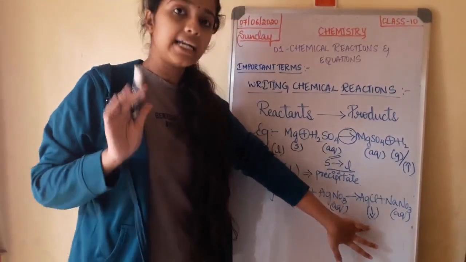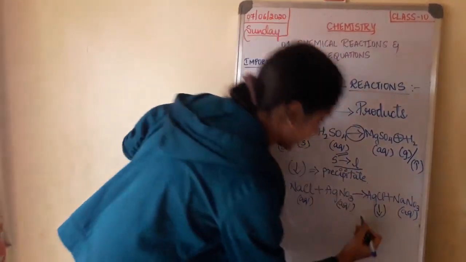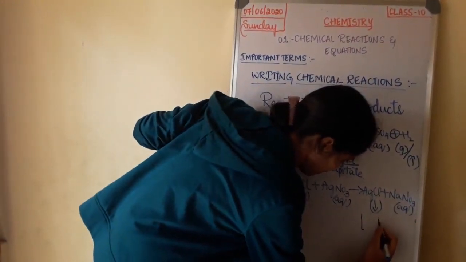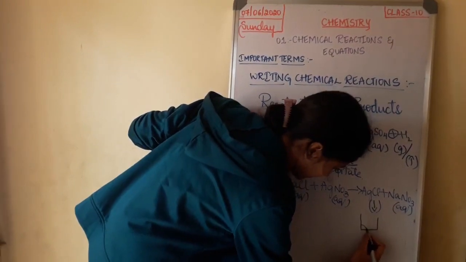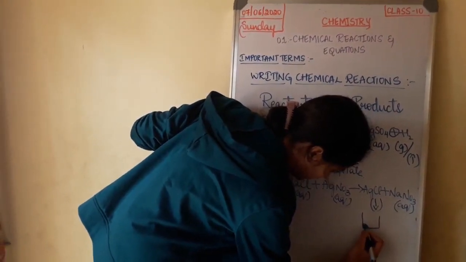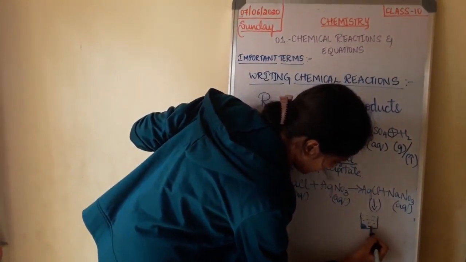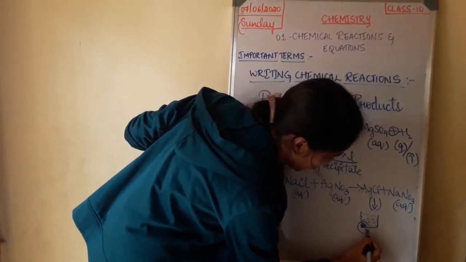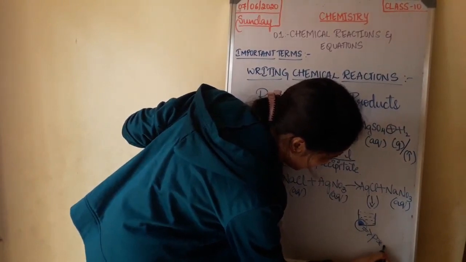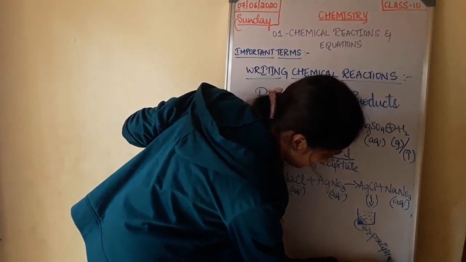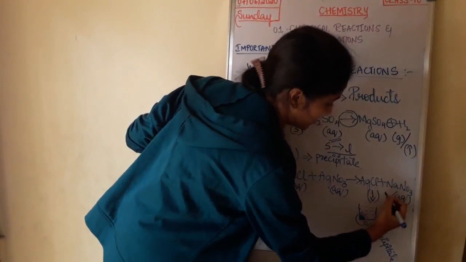Silver chloride remains in the beaker, just settling down in some corner of the beaker, and this is what we call the precipitate state.